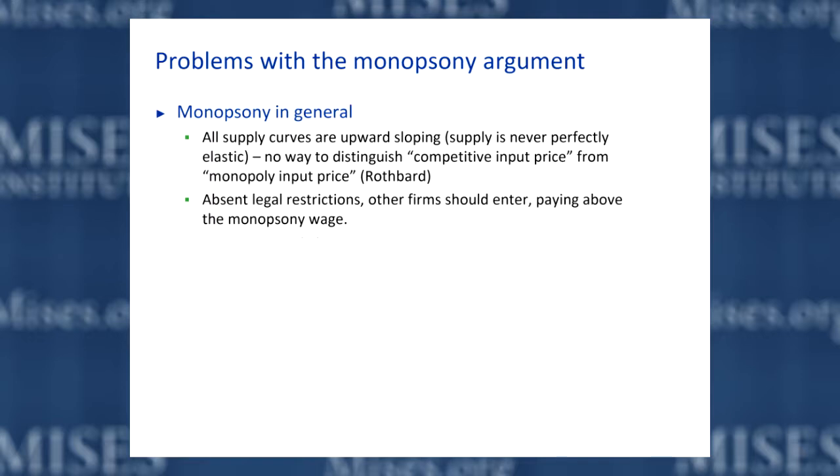So in the real world, there would be no way to distinguish a competitive input price from a monopsonistic input price. In other words, there's no way to know that the wage that actually prevails on the market, the W in the graph on the previous slide, is a problem, that there's anything wrong with that. There's no way to say that there should be a different wage that would be higher.